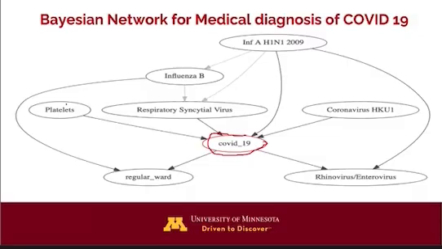If you take a look at this, you can see the arrow goes from the platelet count to the COVID-19, which means a probabilistic relationship exists. We're trying to say the platelet count can also lead to the event of COVID-19. Take a look at this, coronavirus HKU1 also leads to that.